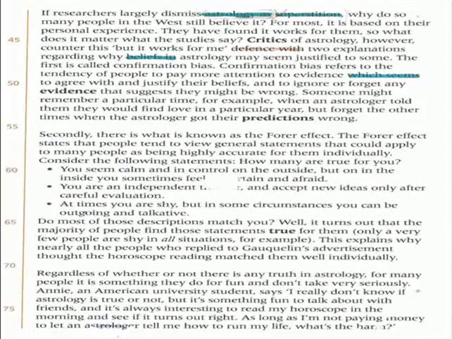Secondly, there is what is known as the Forer effect. The Forer effect states that people tend to view general statements that could apply to many people as being highly accurate for them individually.